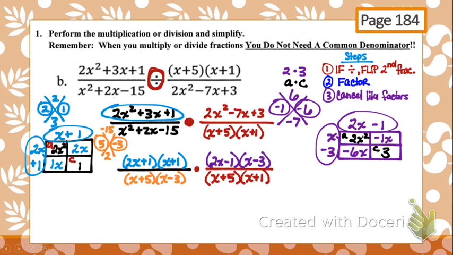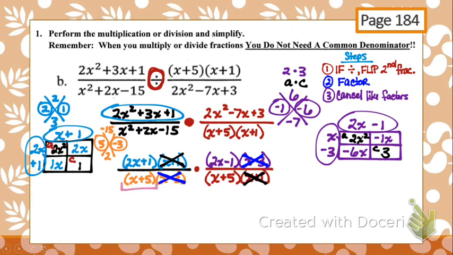Is there anything that's going to cancel or reduce? The x plus 1s, that's the first thing I heard. There's an x plus 1 here and an x plus 1 here. x minus 3, x minus 3. Yes, nice to point that out. So if you couldn't hear, what Jayon said is, in order to cancel out, you have to have 1 on the top and 1 on the bottom.